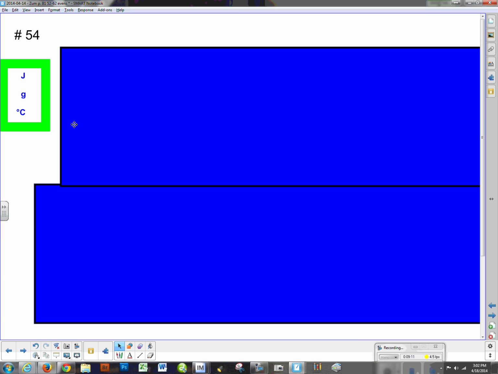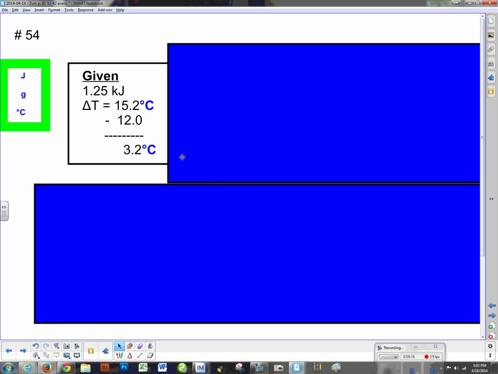So, let's look at problem number 54. In problem number 54, this is what we were given. Okay, we had the 1.25 kilojoules. We had a temperature change where we went from 12 degrees up to 15, so we increased 3.2 degrees centigrade.